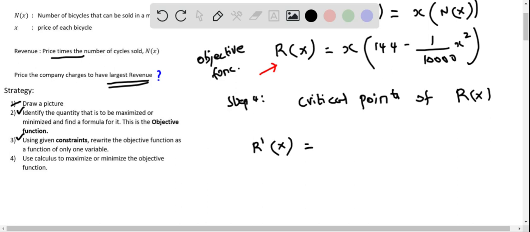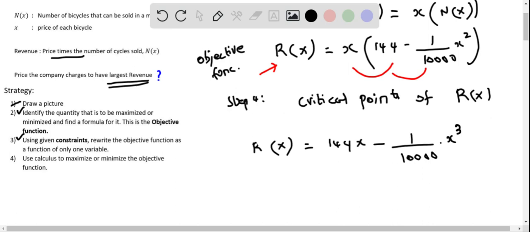Just before this step, we should distribute the x. So first, let me do that. If I distribute the x to these two terms, I get 144 times x minus 1 over 10,000 x squared times x, which is x cubed.